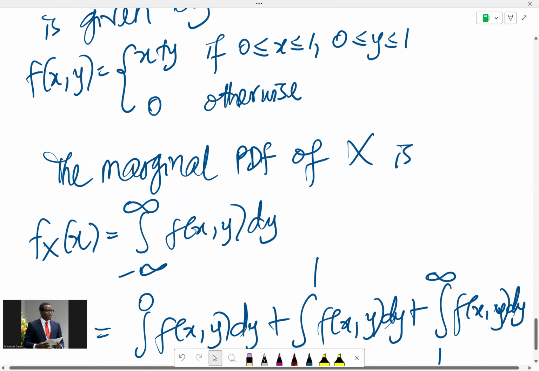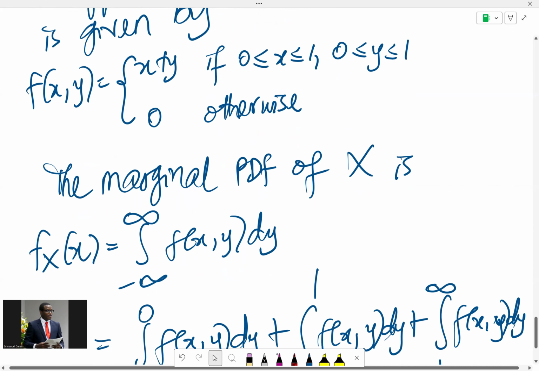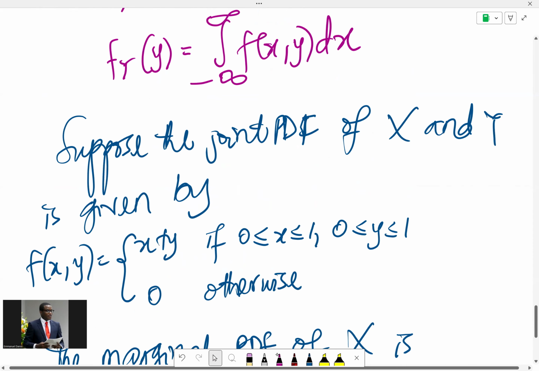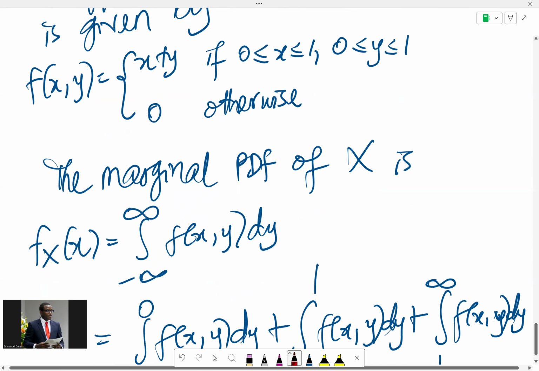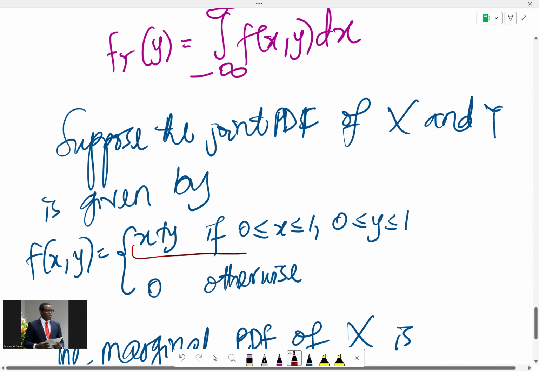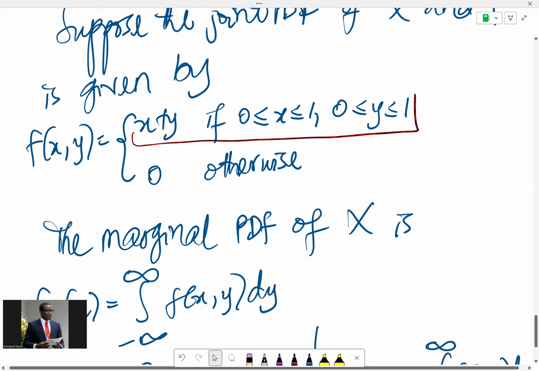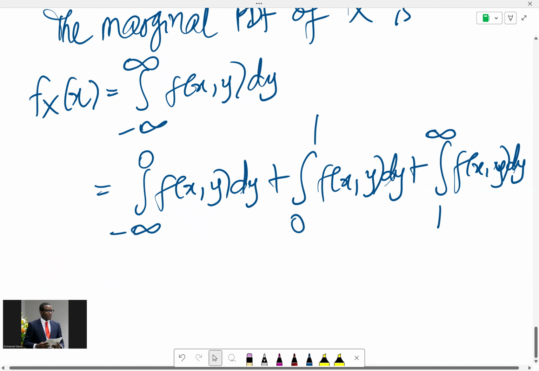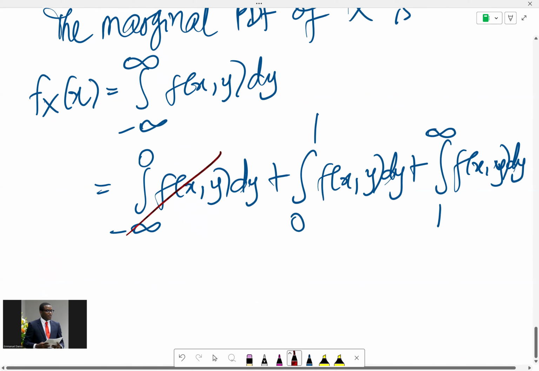But because this function is only given as x plus y when y is from 0 to 1, otherwise, below 0 and above 1, the function is 0. So it means that this goes to 0 and this also goes to 0.